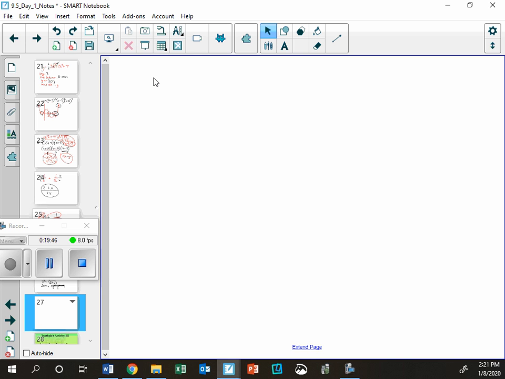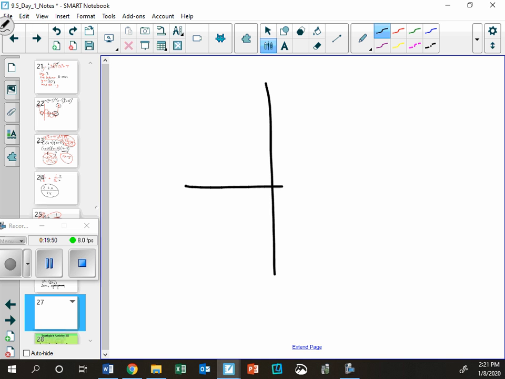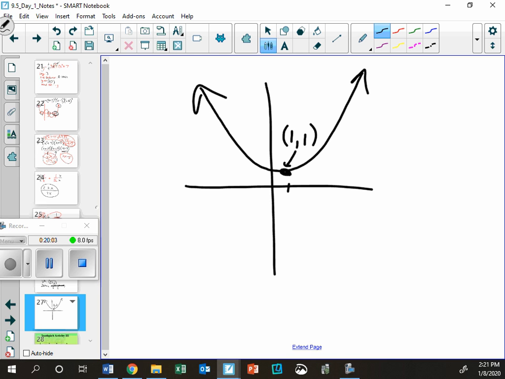All right. Next thing I want you to remember, let's say that there's a hole in the equation. And this one has been shifted. That spot right there is 1 comma 1. It's a normal parabola, except it's been shifted to the right and up. You get what I mean?